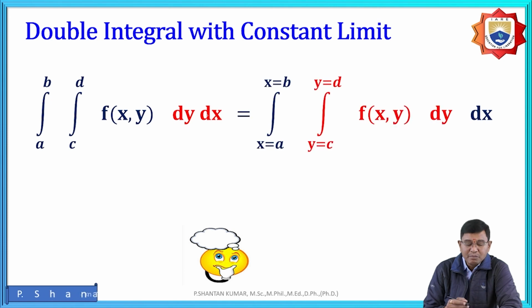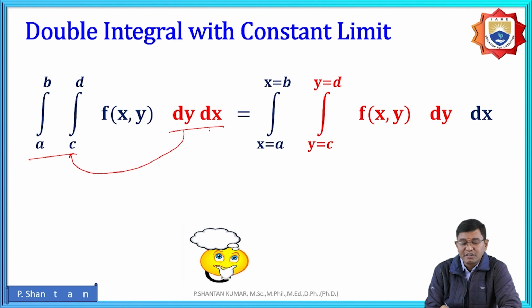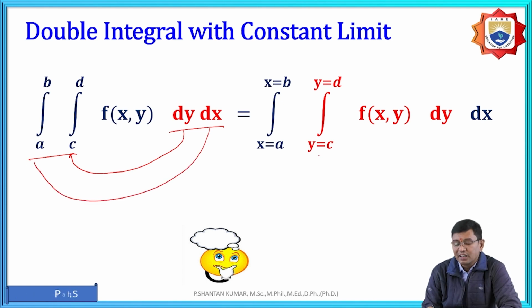For example, the limits are also not given particularly for any variable. While we observe here, it is dy dx. That means here the inner is y. Therefore, we need to assume that y is equal to c to d. And again after that, we need to calculate x is equal to a to b. That is the meaning here: y is equal to c, and f of x comma y.